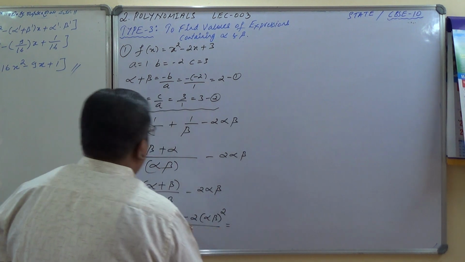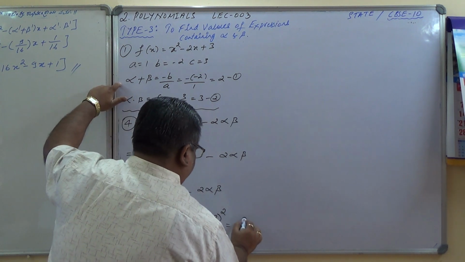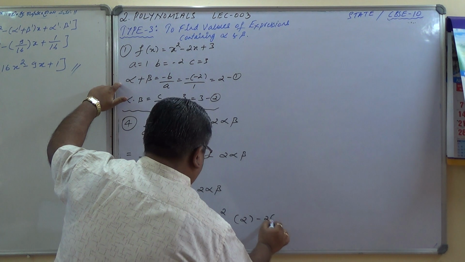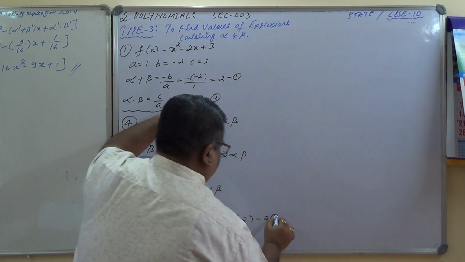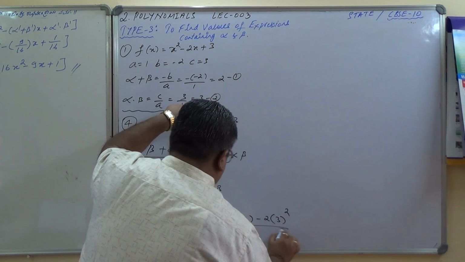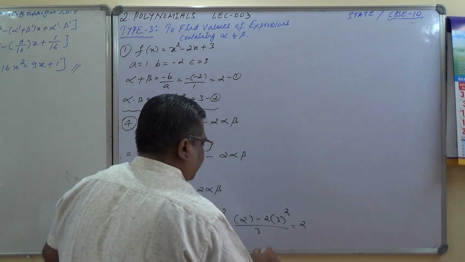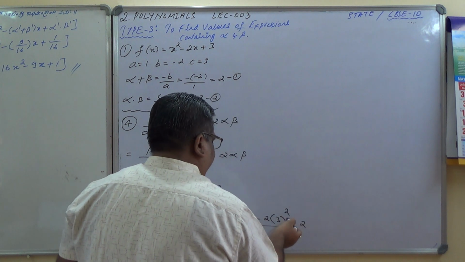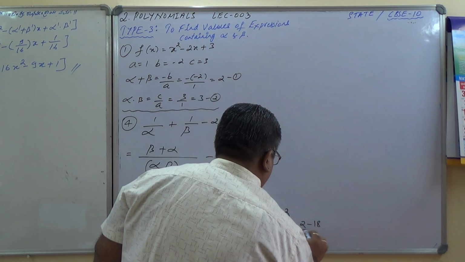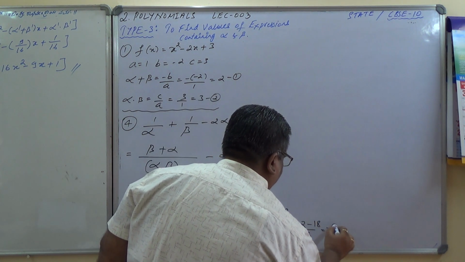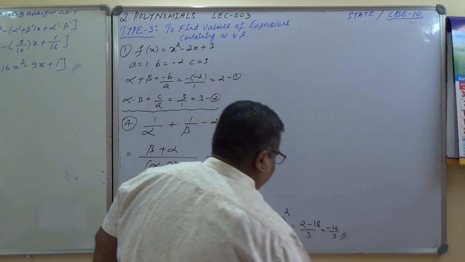What is the value of alpha plus beta? 2 here, 2 minus 2 times alpha into beta 3, the whole square, the whole divided by alpha into beta 3 here, which equals 2 times 3 3s are 9 into 2 minus 18 divided by 3, which is minus 16 divided by 3 here.